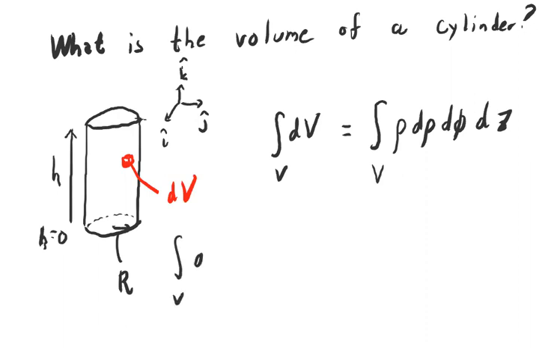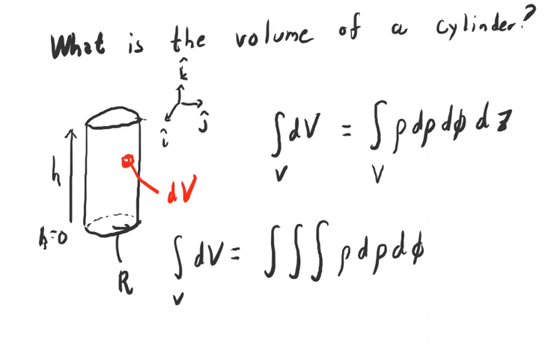So it has 3 integrals over which you have to integrate. These variables, rho, phi, and z, are independent of each other, so the order of integration is irrelevant. Rho goes from 0 to r, phi goes from 0 to 2 pi, and z goes from 0 to h.